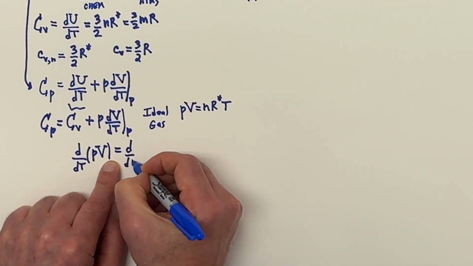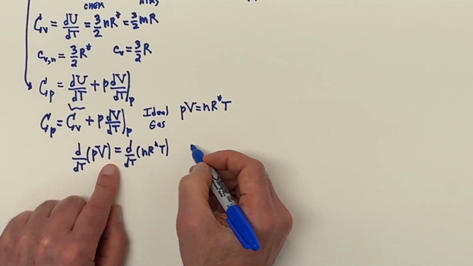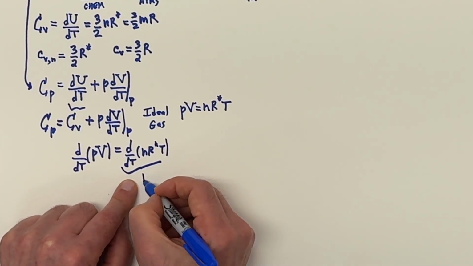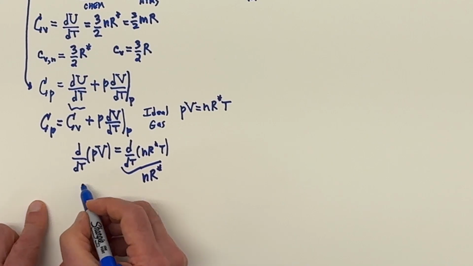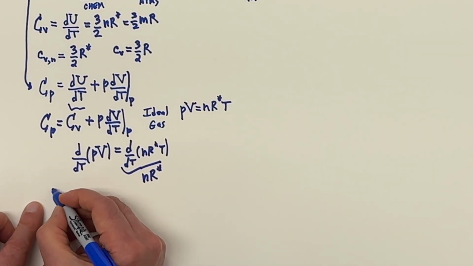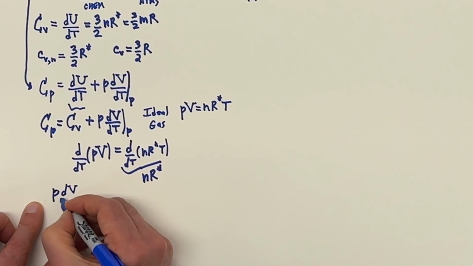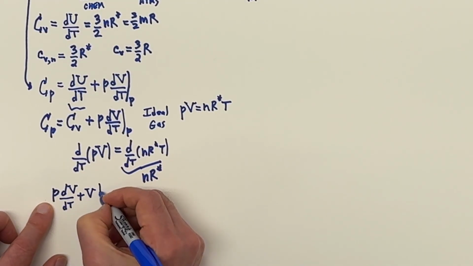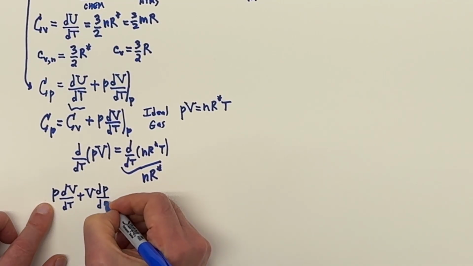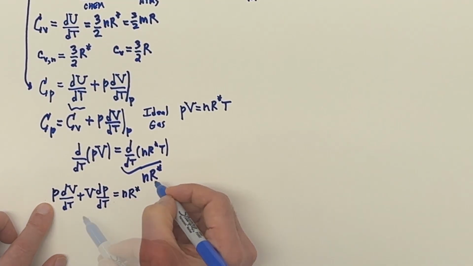It's d dt of N R star T, but since these are constants, this is just going to give you N R star. And this one, if we use the product rule, we'll get the first times the derivative of the second plus the second times the derivative of the first. And that's N R star.